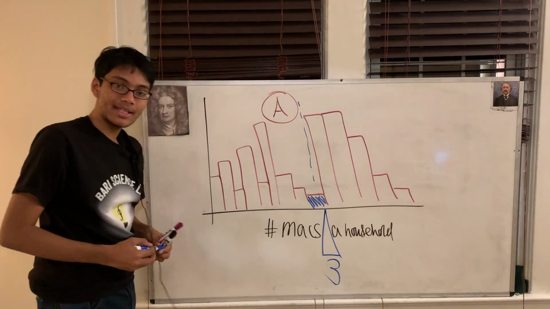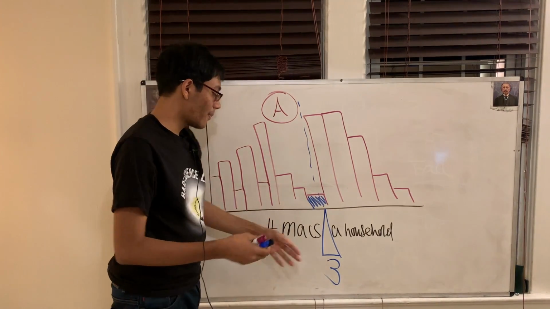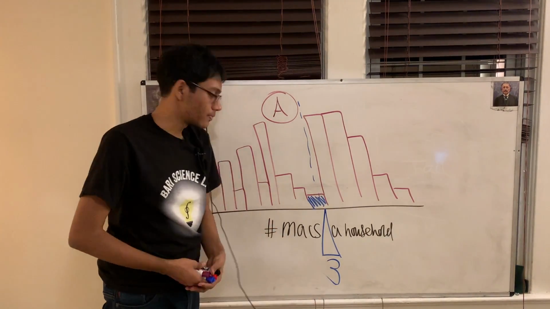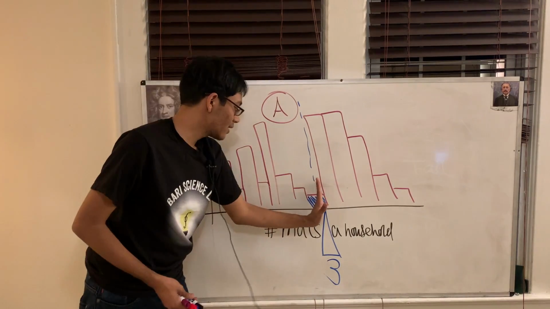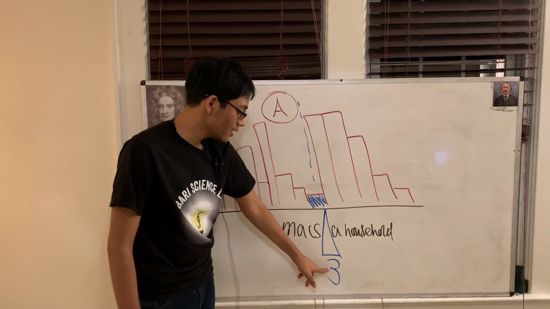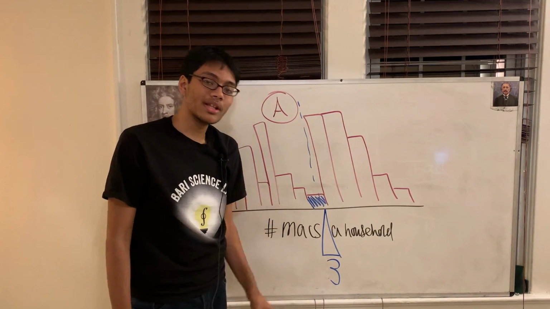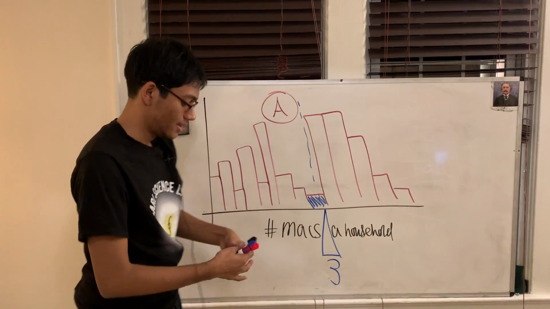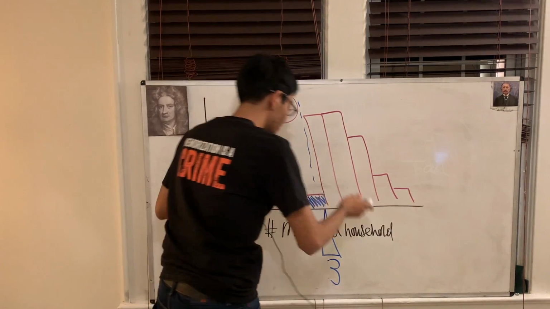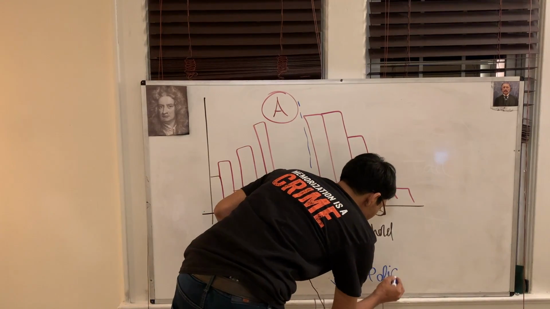That means most people, or the typical individual, would own about 3 MacBooks in their home. Okay, so 50% of people own less and 50% of people own more. This typical value, this center of the distribution, as we like to call it, is called the median. Most often we may use the median as the center of the distribution.